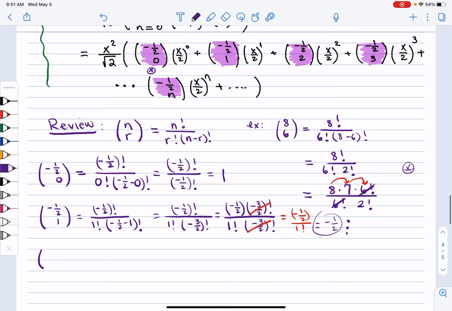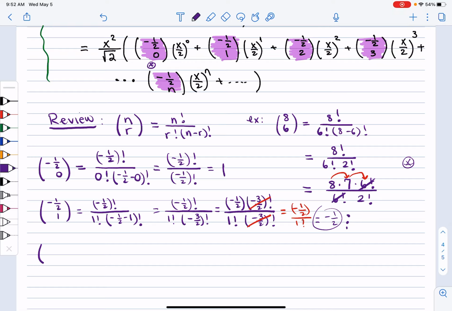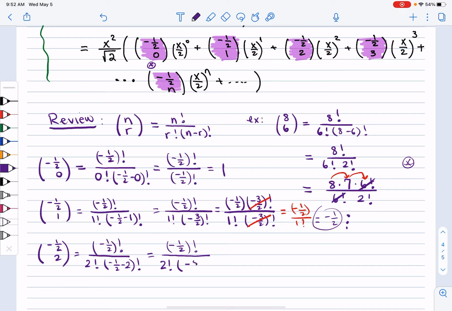We're going to do maybe 2 more, and we'll see where that takes us. Negative 1/2 choose 2. This is going to be negative 1/2 factorial over 2 factorial, negative 1/2 minus 2 factorial, which becomes negative 1/2 factorial over 2 factorial times negative 5/2 factorial.